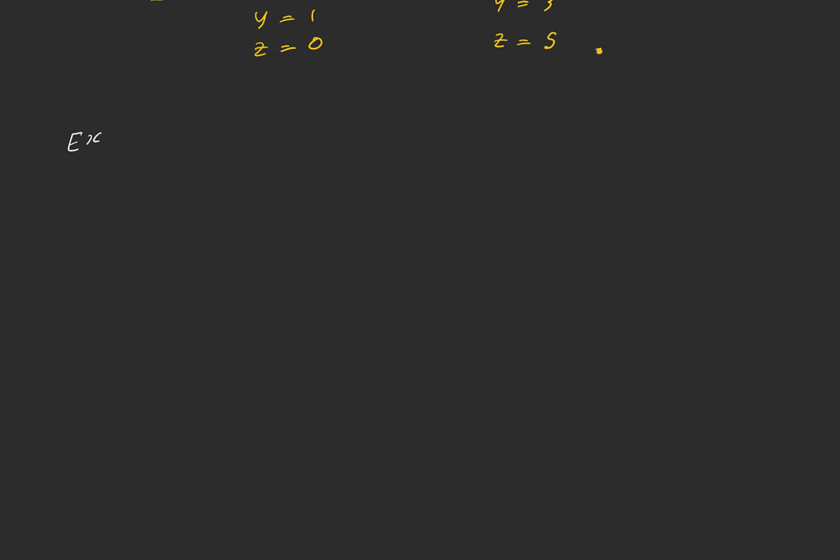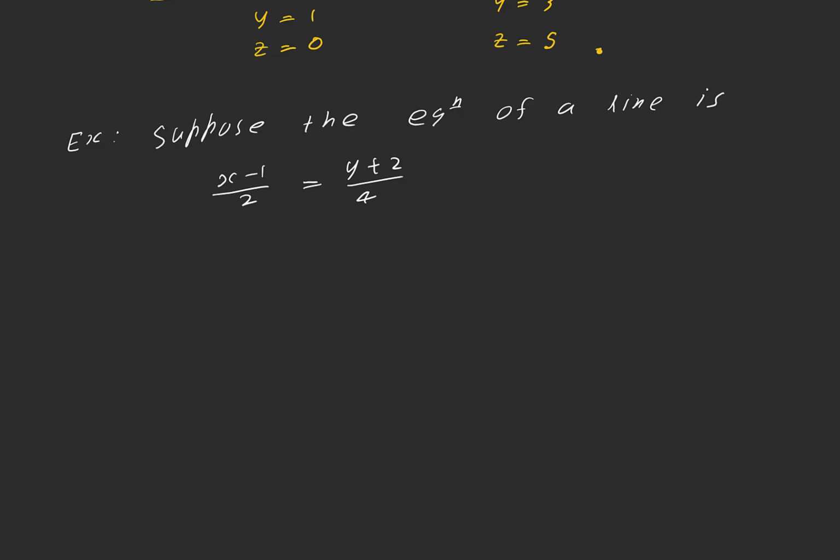Next example, suppose the equation of a line is (x minus 1) over 2 equal (y plus 2) over 4 equals (z minus 4) over minus 4.